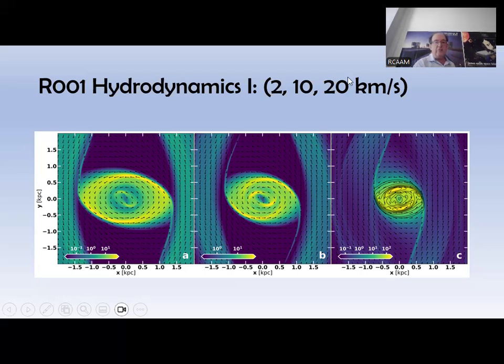In the 20 kilometers per second case, however, the dust lane is coming here. We have a ring much closer than that one. And here we have some overdensities along the ring, and that's it. No leading spiral. Or there is something, but it is very weak.